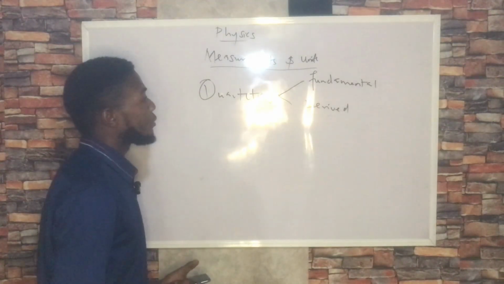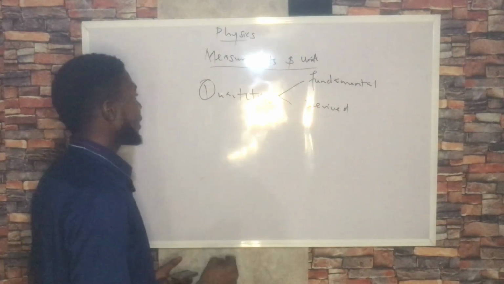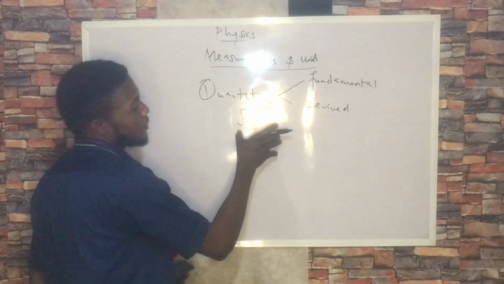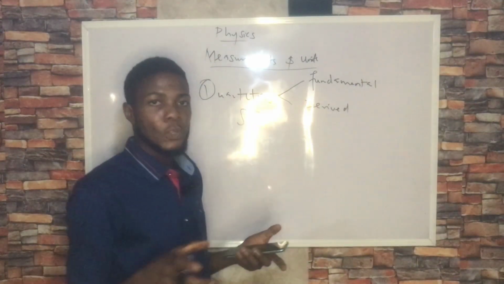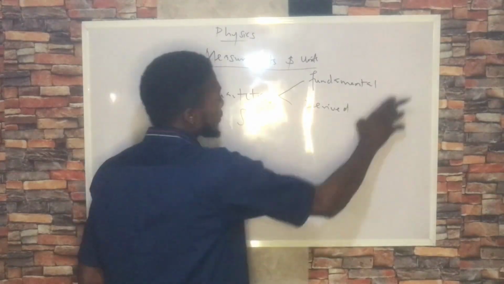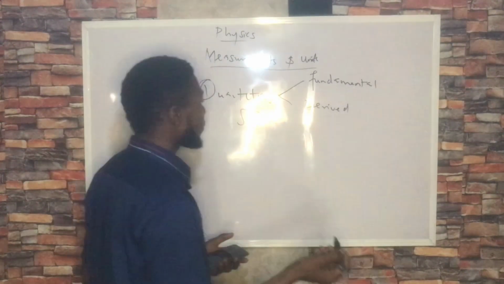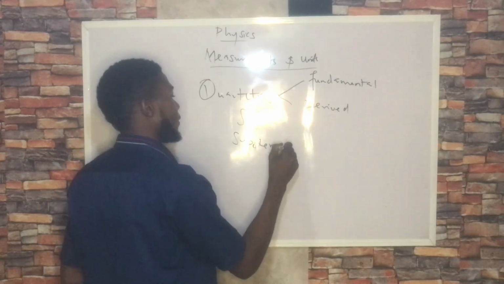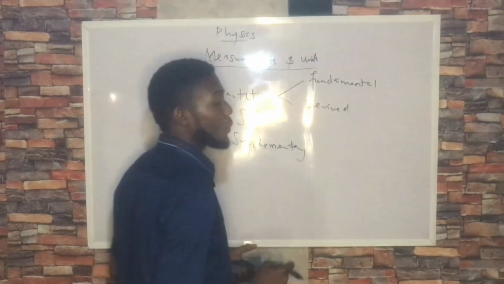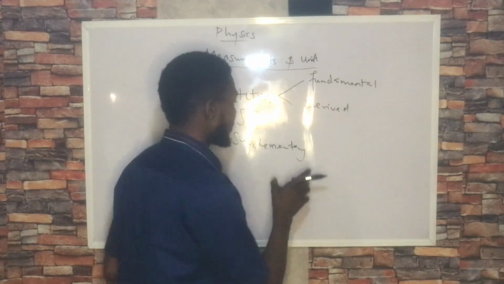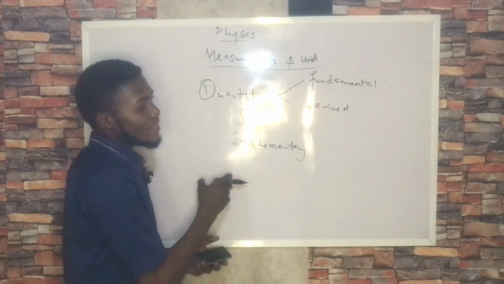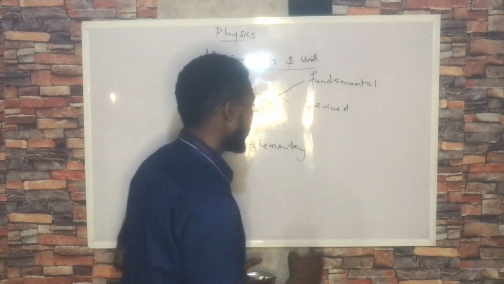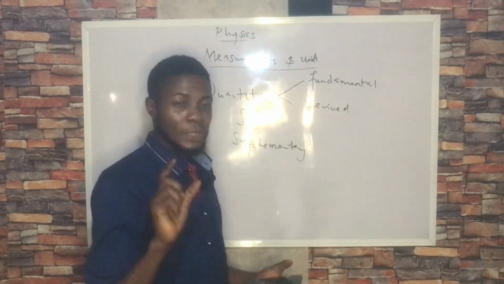Now, please mind you, we have other forms of quantities. This is following the International System of Units, this is what they propose. We have other quantities like supplementary quantities. But I will advise you not to disturb yourself about it because no one will ask you. Meanwhile, we'll still consider part of these when we are doing circular motion.